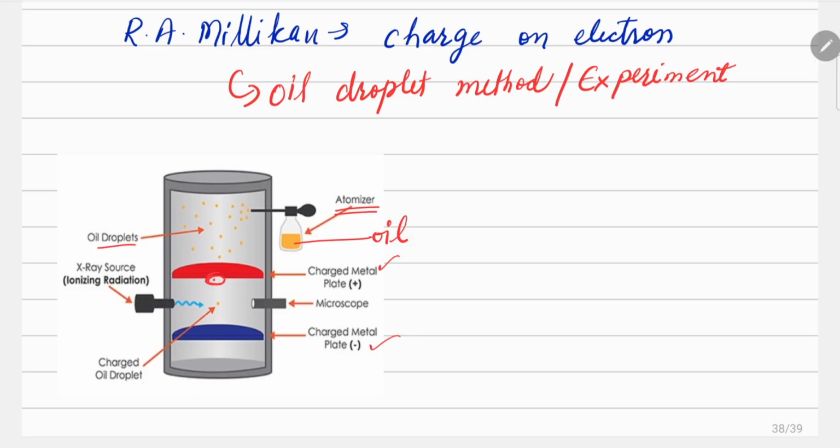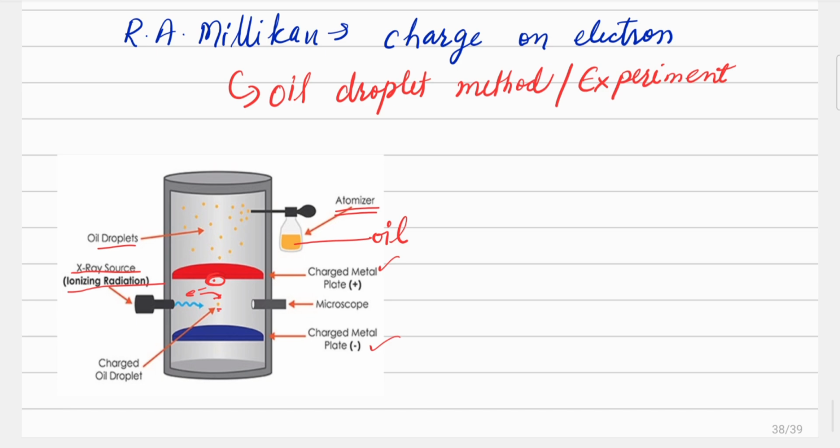Only a single droplet he let go, under the action of gravity, towards the negatively charged plate. Now when there was one single oil droplet, he took an X-ray source and irradiated the space between these two metal plates with X-rays. Because of that, a few electrons are released, and these electrons are attracted towards the oil droplet and get attached to it.